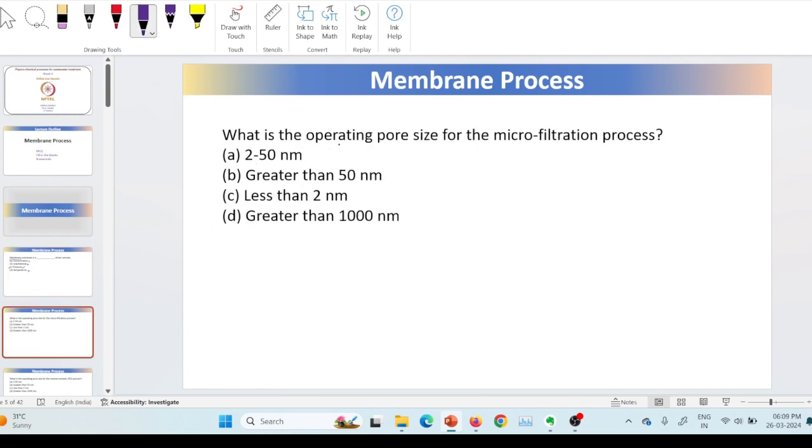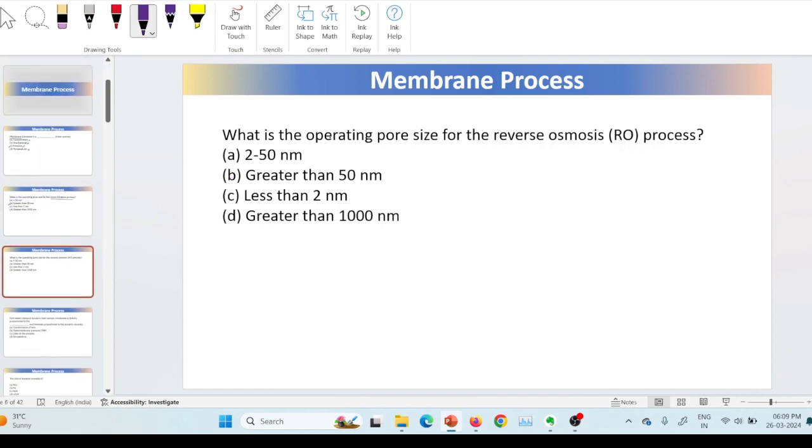What is the operating pore size for microfiltration process? For microfiltration, it has a size of greater than 50 nanometer. Next question: what is the operating pore size for reverse osmosis process? It is very small.